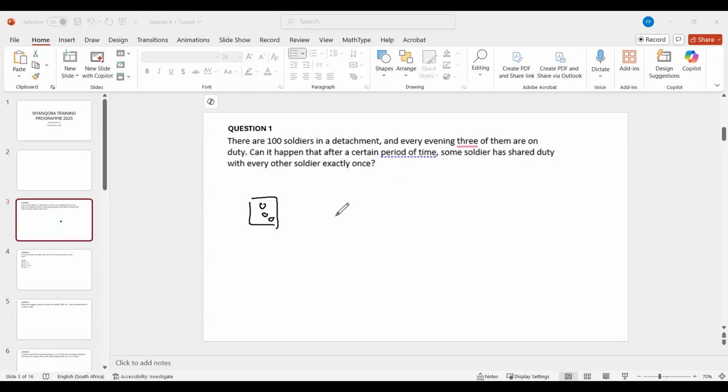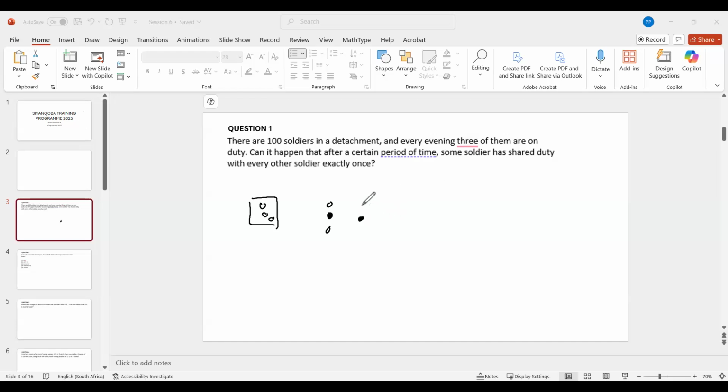So what is this? You are saying that some soldier, let's call this fellow, let's put a tick dot for him. Right, so maybe the first day he does a duty there. Second day, he shares with every other soldier.